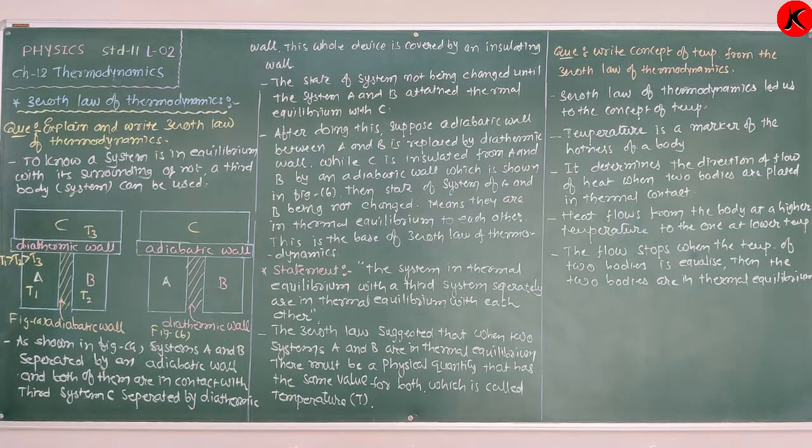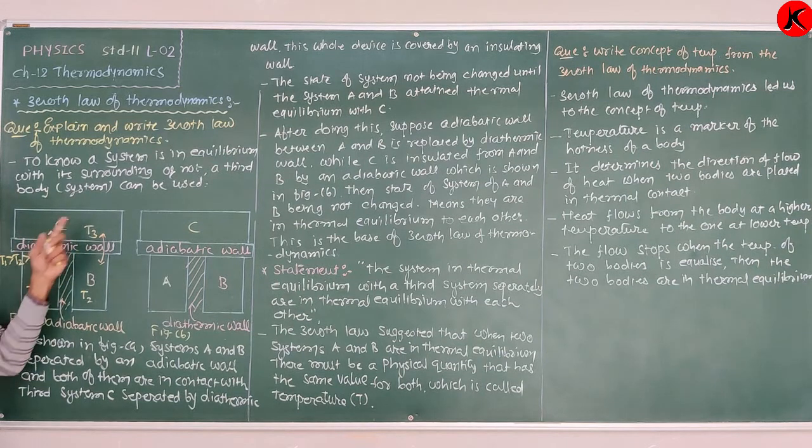Here there is a non-conducting wall between A and B, therefore exchange of heat between A and B does not take place. But there is a conducting wall between A and C and also between B and C. Therefore, exchange of heat takes place between A and C and also between B and C. Here the temperature of the third body C is much higher, therefore heat flows from C to B and also from C to A. This flow of heat takes place till the temperatures of C and B and also C and A become equal.